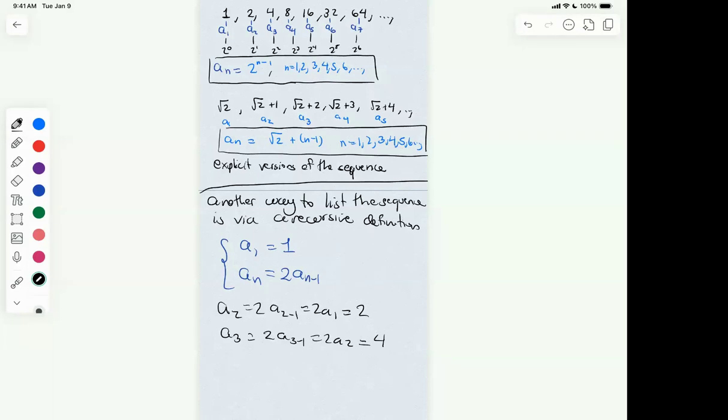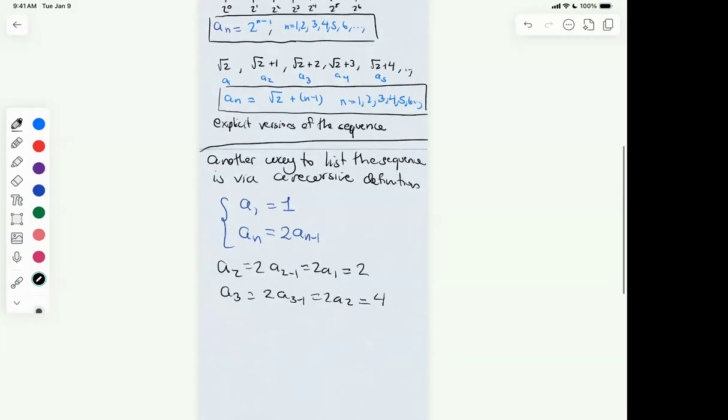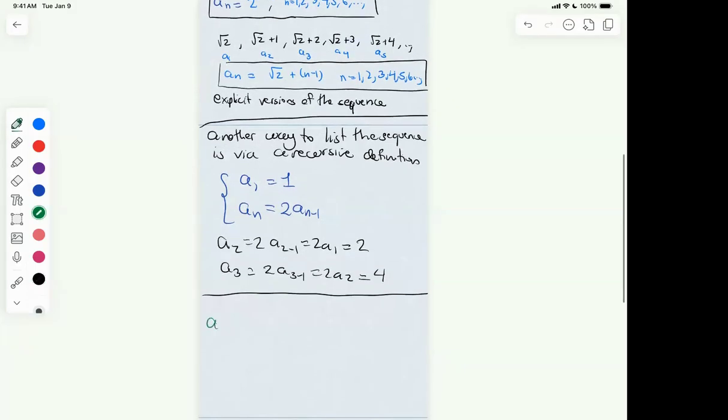So I'll write one that I don't think you would recognize, because there shouldn't be a pattern. Sorry, let me put it like this.